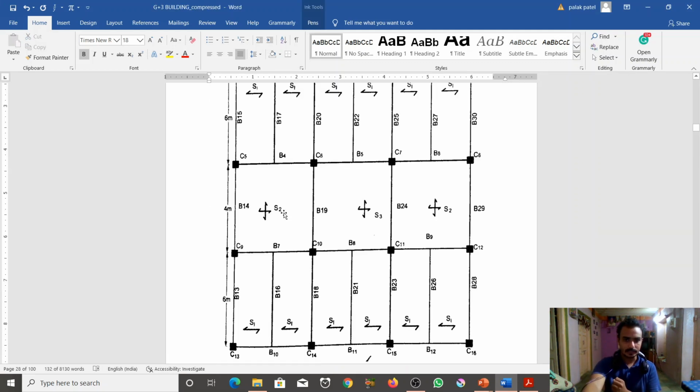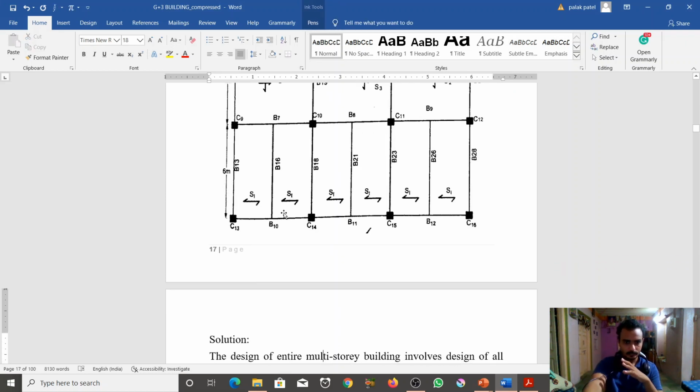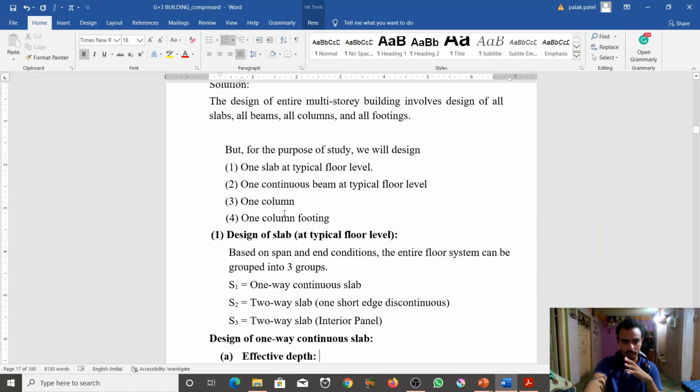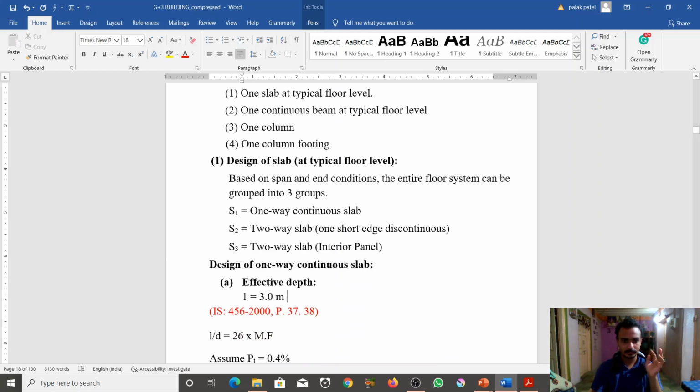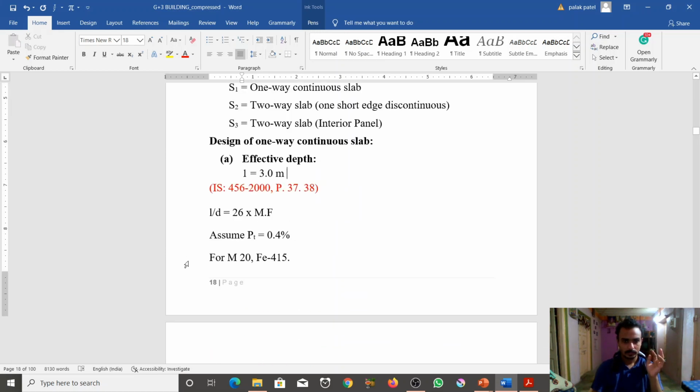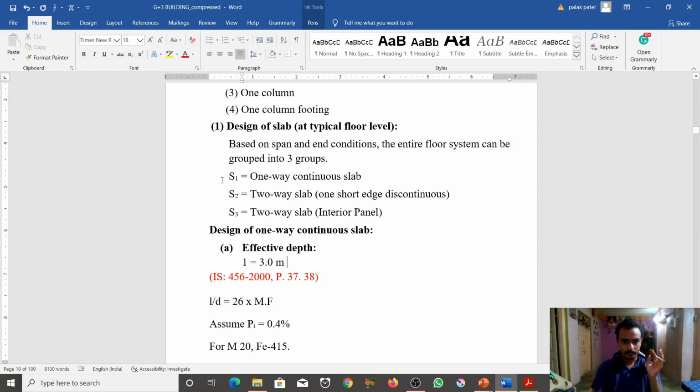Okay, this is the example. This is a typical floor plan. This is the solution: one way slab with a typical floor level. We completed the one way slab design.